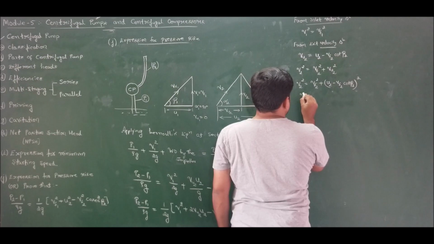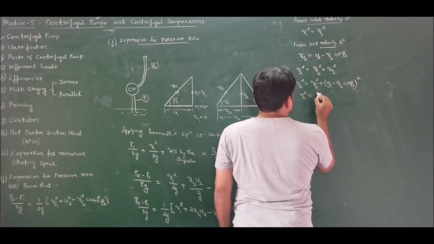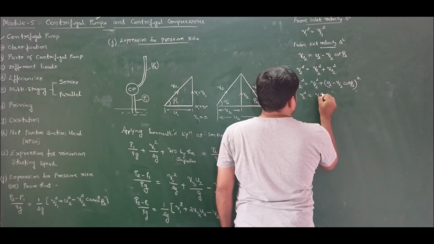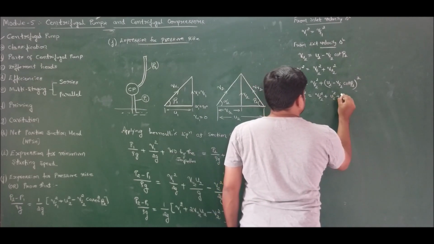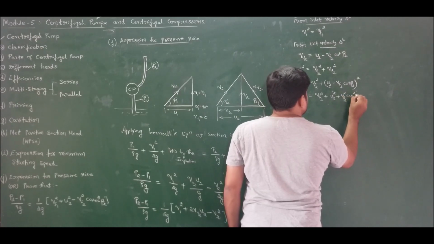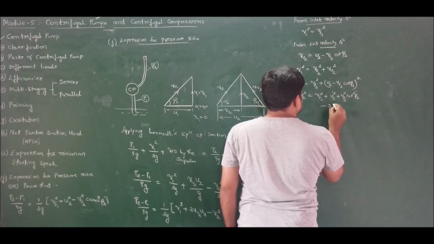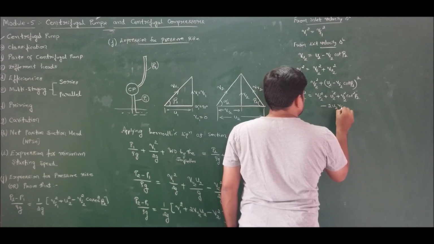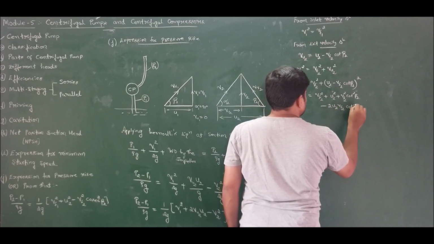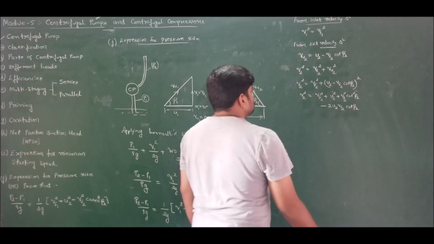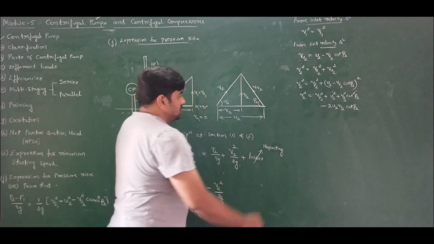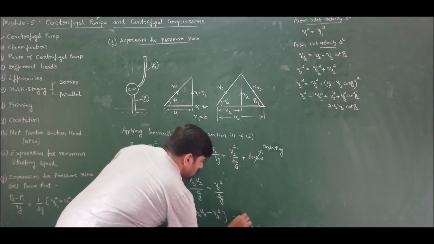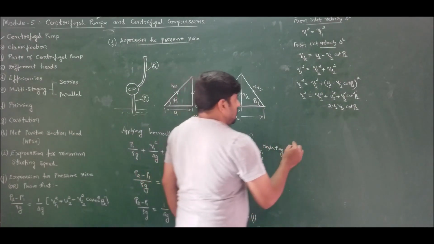So if I simplify, I will get V2 square is equal to Vf2 square plus A square plus B square minus 2AB. Now substitute these in equation number 1 and simplify.